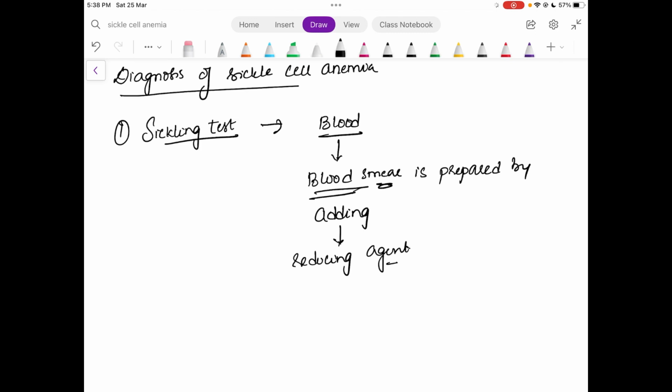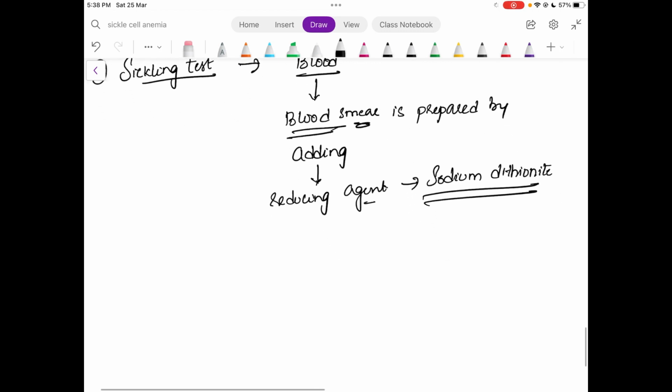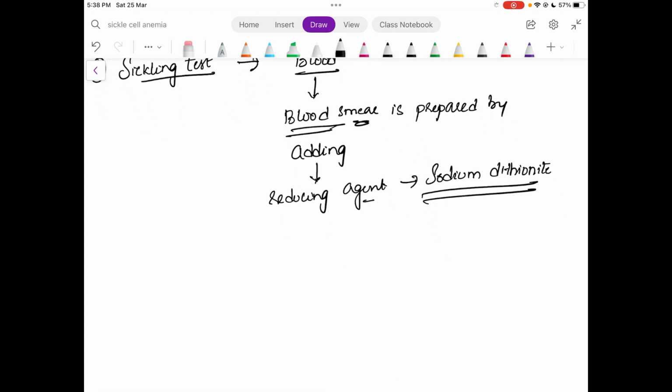What is that reducing agent? Sodium dithionate. This is added to the blood smear.